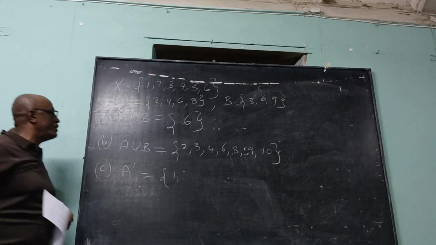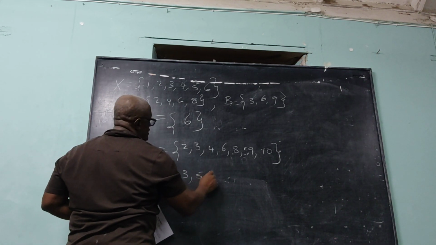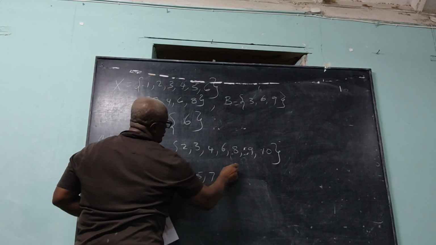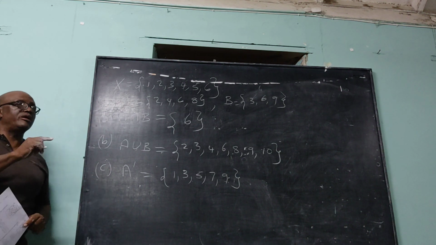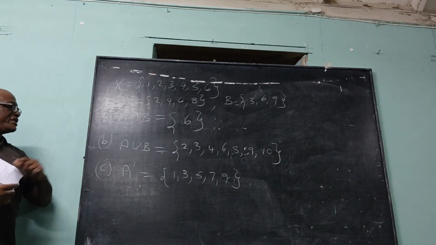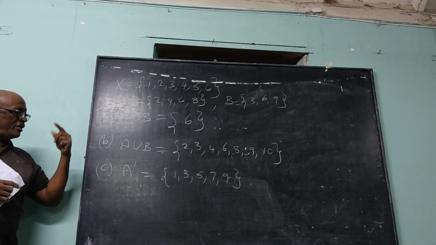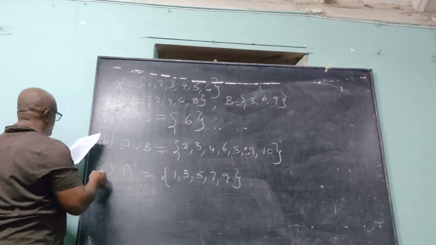Are you missing something? 1, 3, 5, 7, 9. Alright. Good. Remember, if you miss the 3, you're going to get that one wrong. If you miss any one, or if you put in something that shouldn't be there, you'll get it wrong. It's not going to be right.